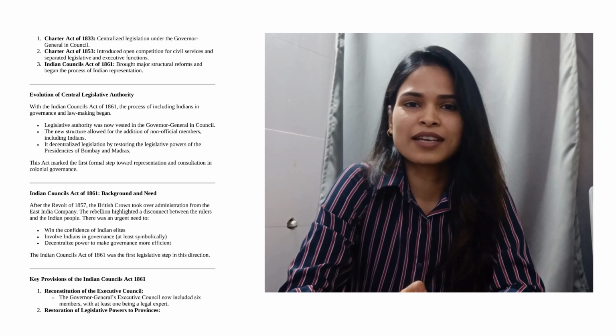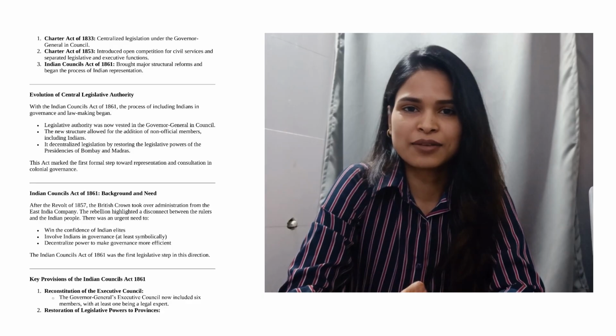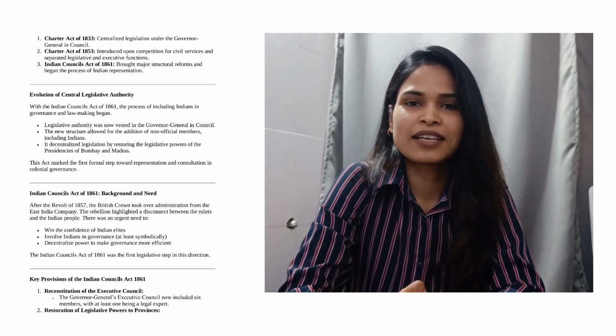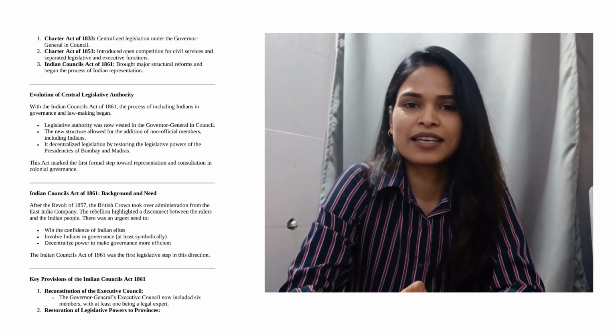Charter Act of 1833, centralized legislation under the Governor-General in Council. Charter Act of 1853, introduced open competition for civil services and separated legislative and executive functions. Indian Councils Act of 1861, brought major structural reforms and began the process of Indian representation.